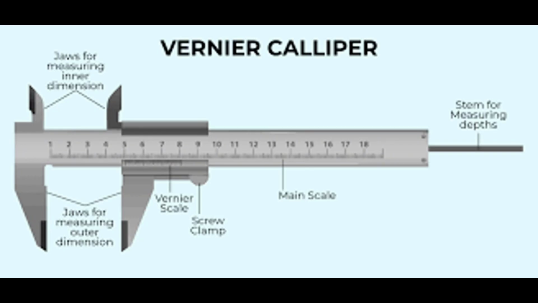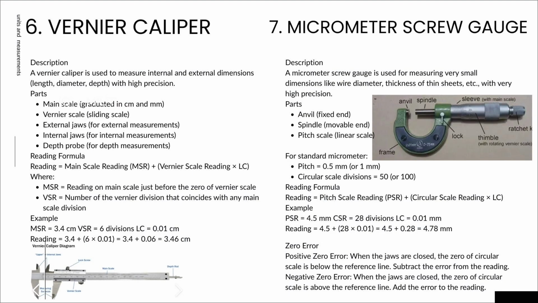For example, if you open the tin of your milk and you want to know the internal diameter of that tin, you can use the upper jaw of the Vernier caliper to measure that. So anytime you hear measuring internal diameter in your question, just know that your answer is Vernier caliper. You have the main scale and the Vernier scale, and for your reading, you just need to know your main scale reading plus Vernier scale reading times your least count.